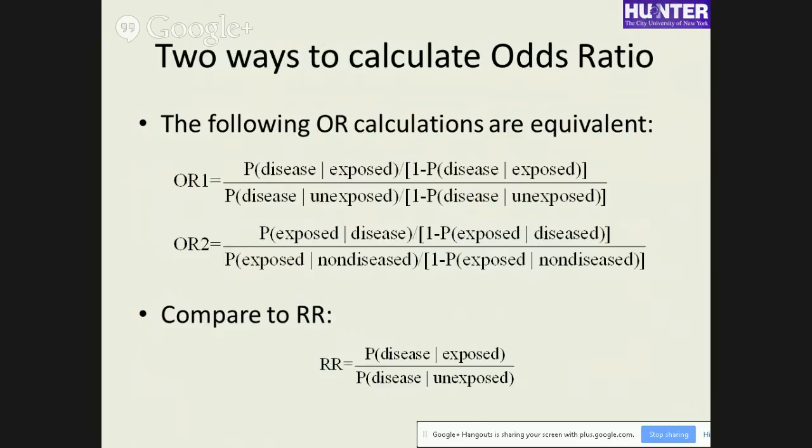So let's look at this again. It kind of cancels out, becomes AC over BD. So are you talking about a case control study? Because usually in a case control study, we're saying probability of disease over exposure, right?